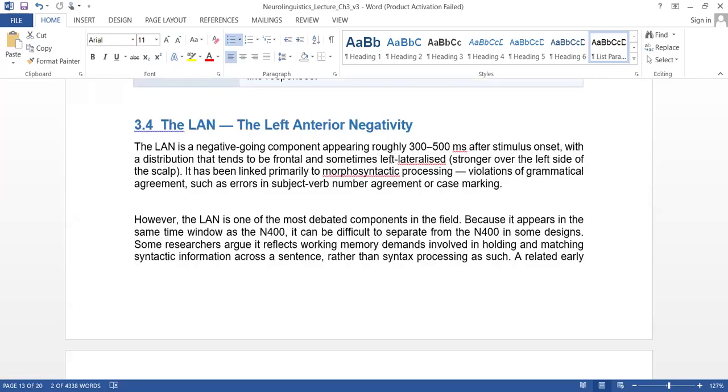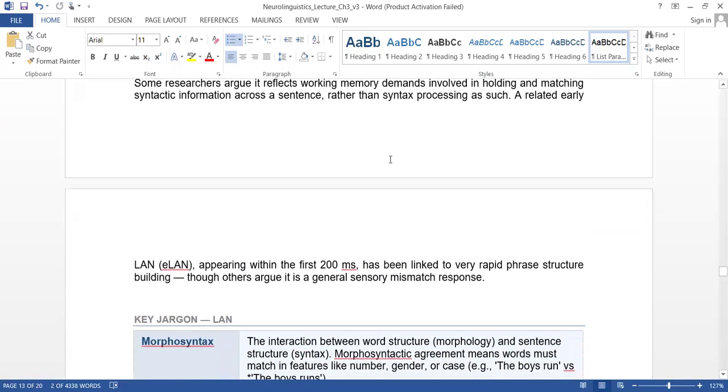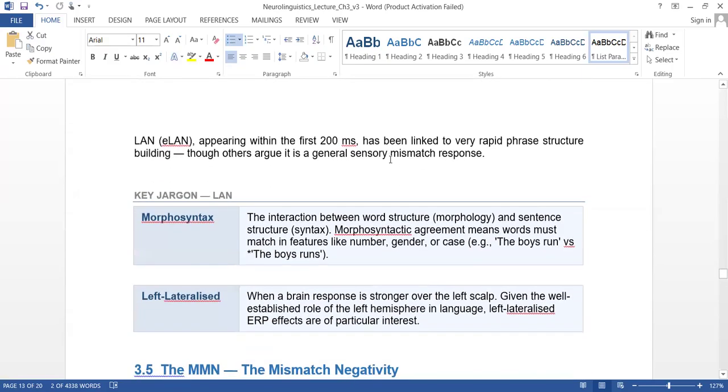It can be difficult to separate from N400 in some designs. Some researchers argue that it reflects working memory demands involved in holding and matching syntactic information across a sentence, rather than syntactic processing as such. A related early LAN appearing within the first 200 ms has been linked to very rapid phrase structure building, though others argue it is a general sensory mismatch response.